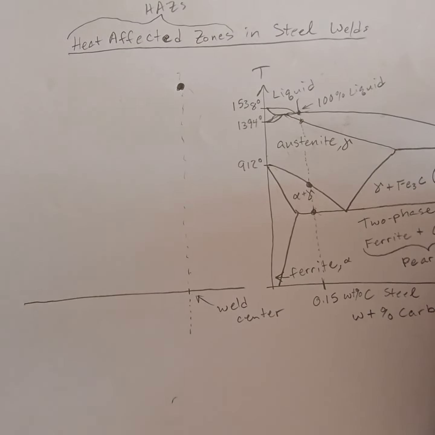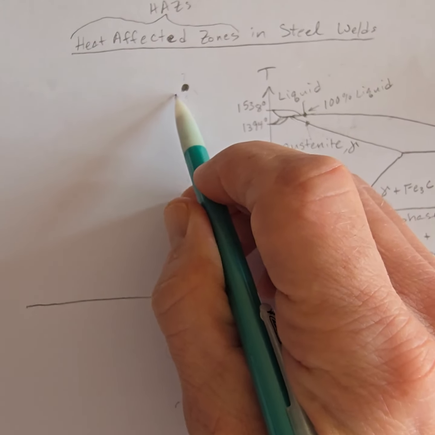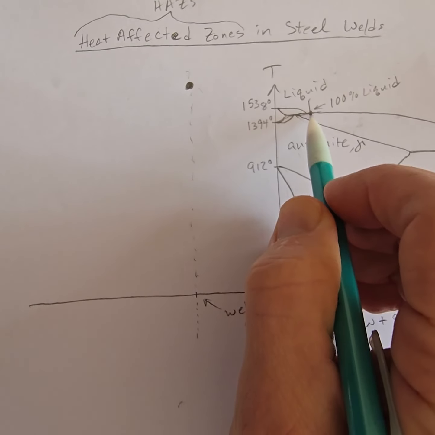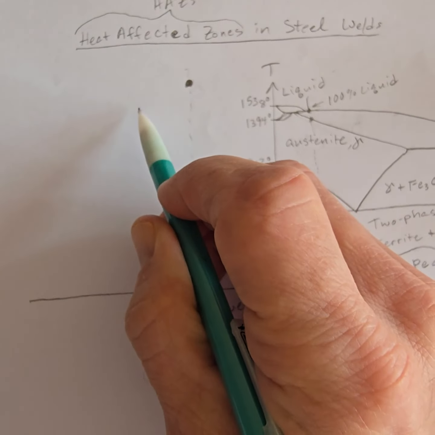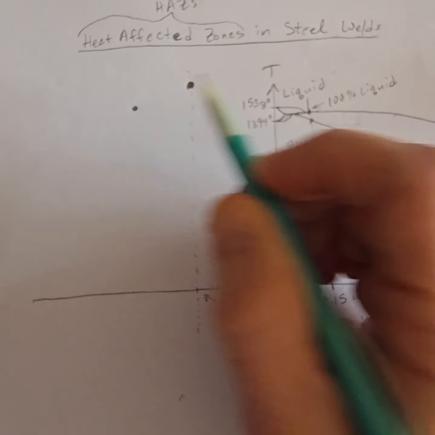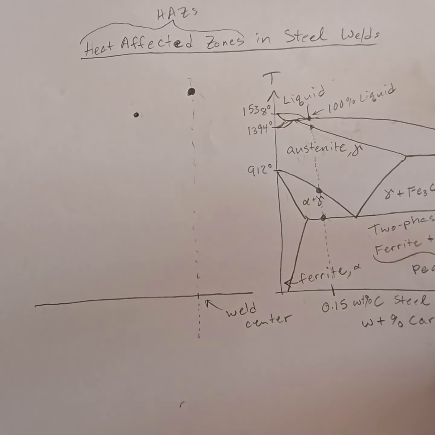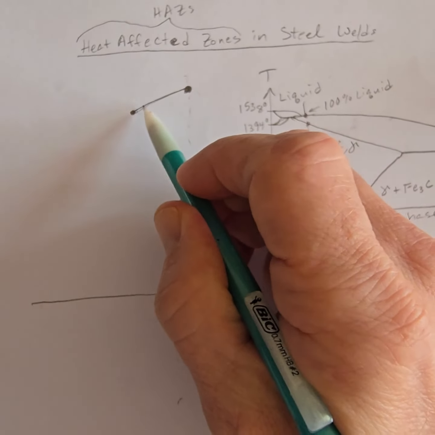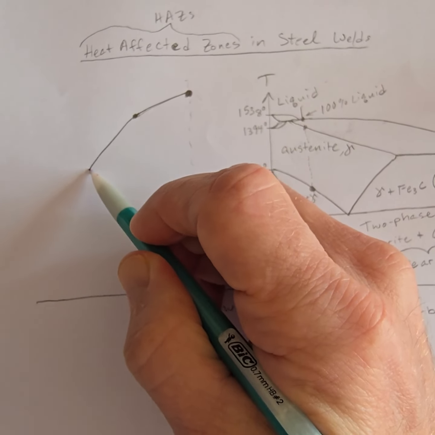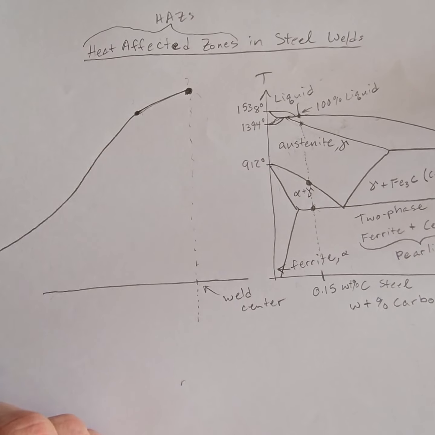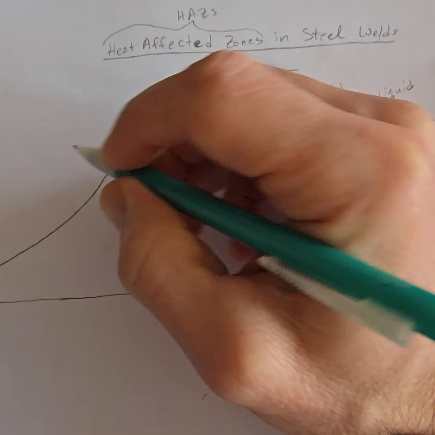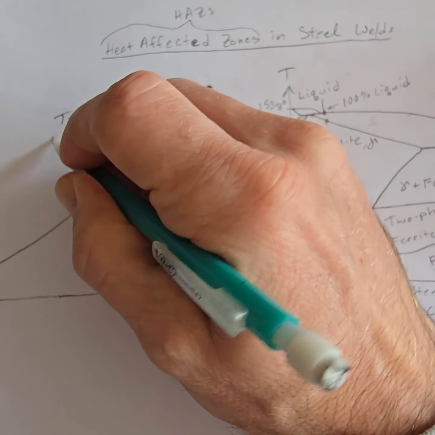Otherwise, I wouldn't be doing fusion welding. And then after some distance from that center of the weld, it gets down to the melting temperature. That's where I get to the part of the base metal that did not melt. That's the beginning of my temperature profile. And then my temperature drops as I keep moving away from the weld center.